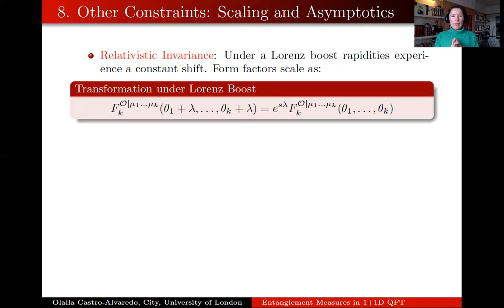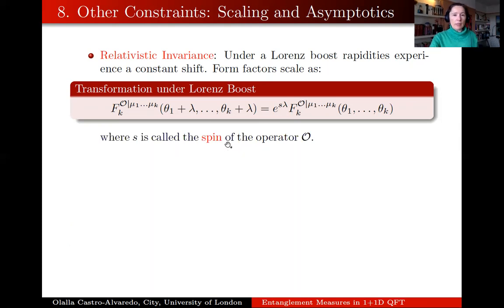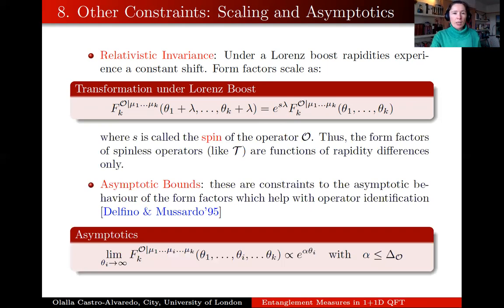If your operator has spin S, the effect would be to generate a phase, which means that if your operator is spinless, the form factor should be invariant under this transformation. And this is what happens to the twist field. In other words, the form factors of the twist field can only depend on the difference of rapidities. They don't change if you shift rapidities.